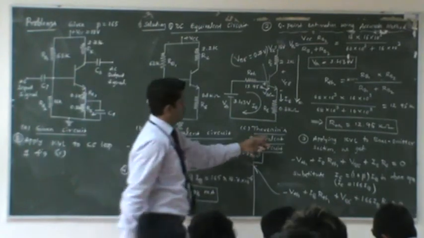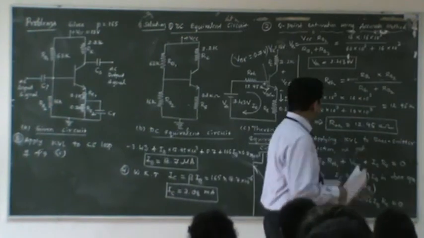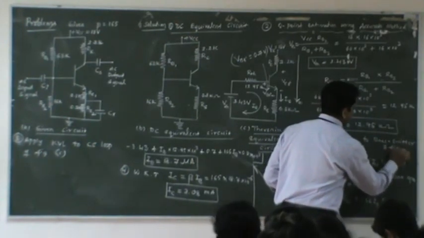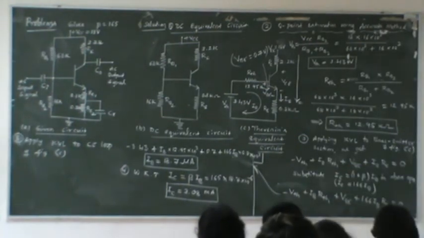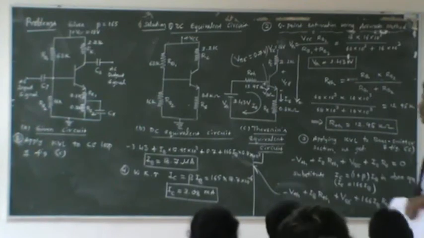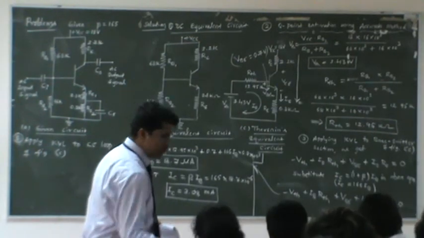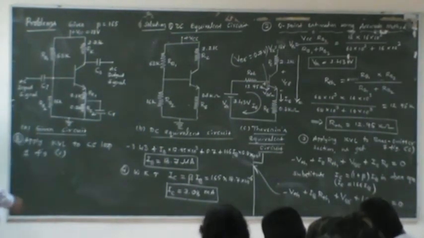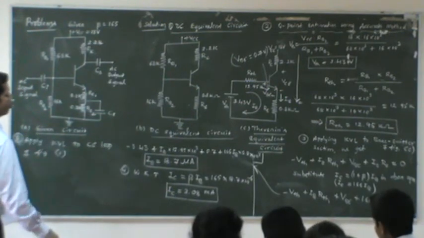Even here, we said applying KVL to the base emitter section of this figure C. So if you apply KVL to the collector emitter loop of figure C, the equivalent circuit, what will be the answer?